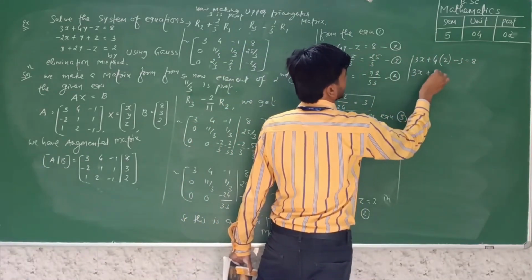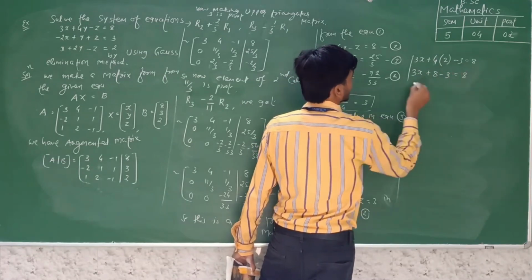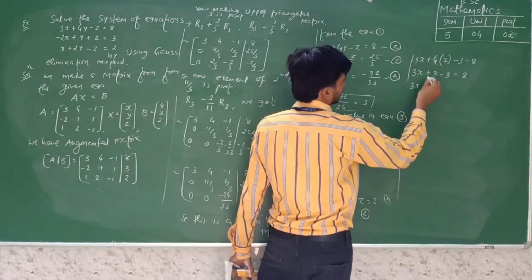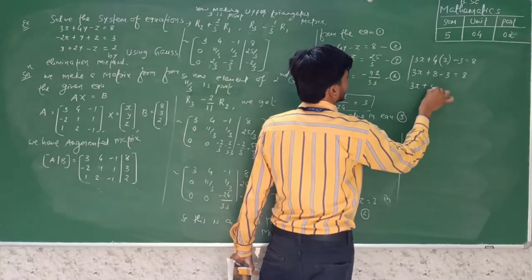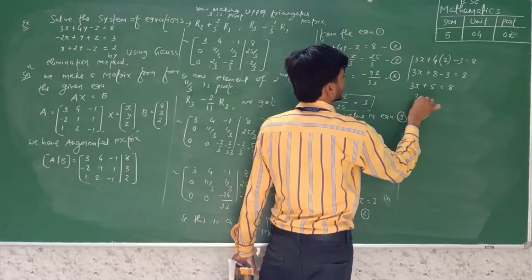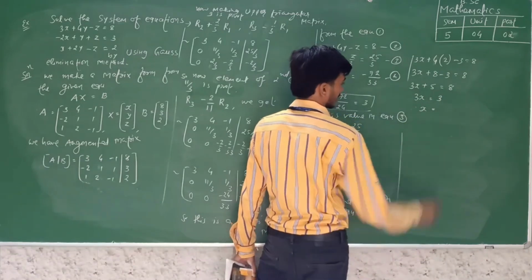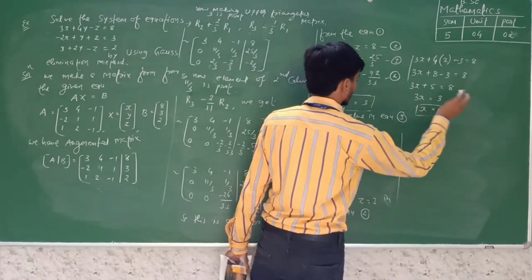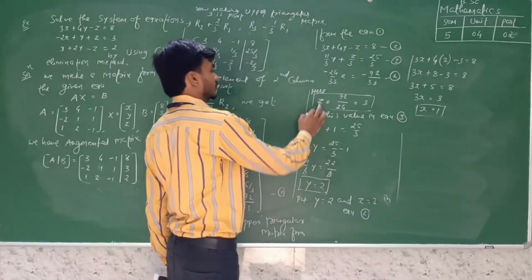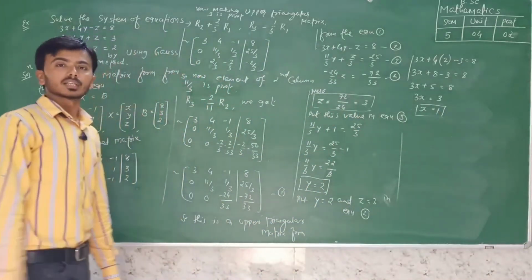So 3x plus 8 minus 3, that means 5, is equal to 8. 3x is equal to 8 minus 5 is 3, so 3x is equal to 3. So x is equal to 1, y is equal to 2 and z is equal to 3.